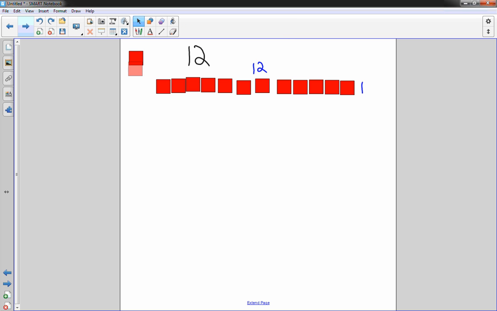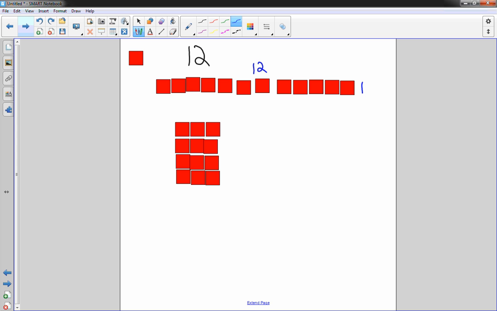Another way to make a rectangle with 12 tiles is to build it like this, which is 3 by 4. So this one's 3 by 4, or 3 times 4.